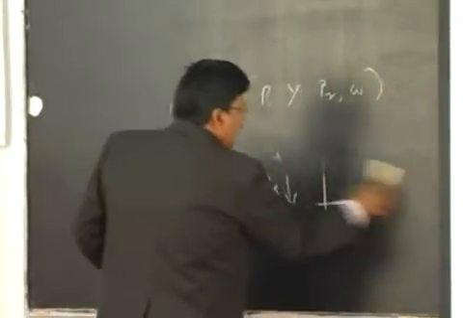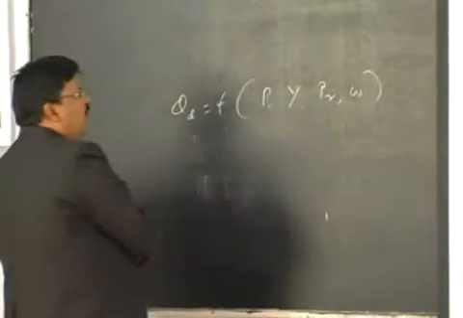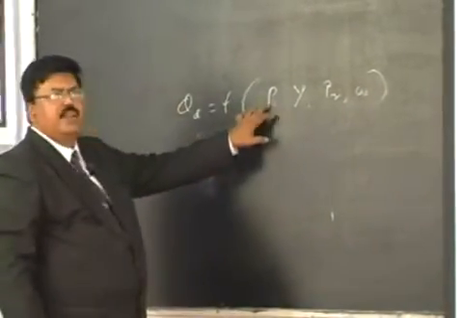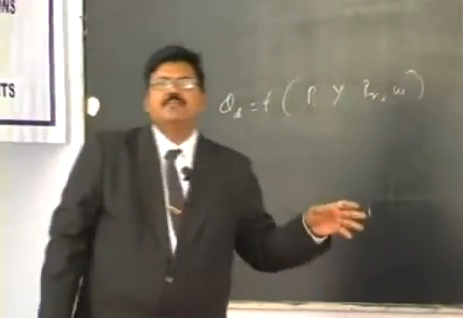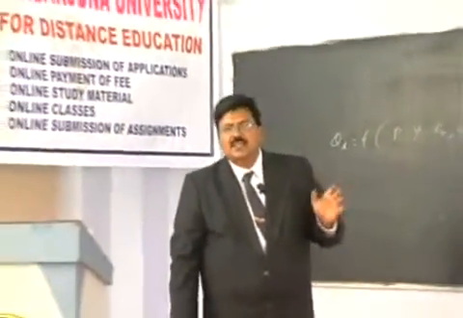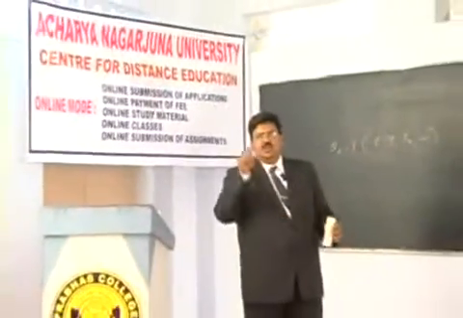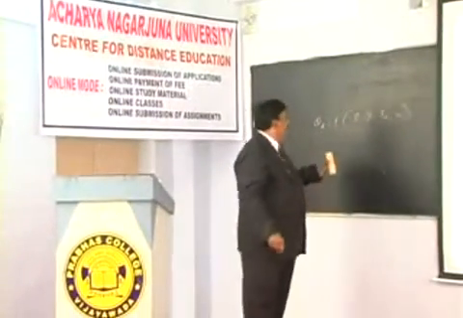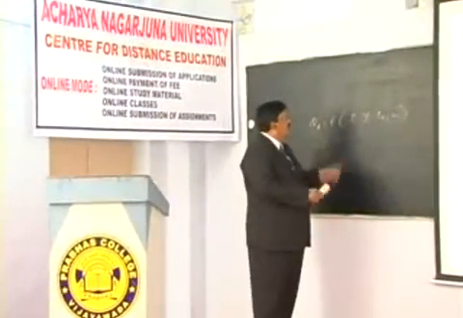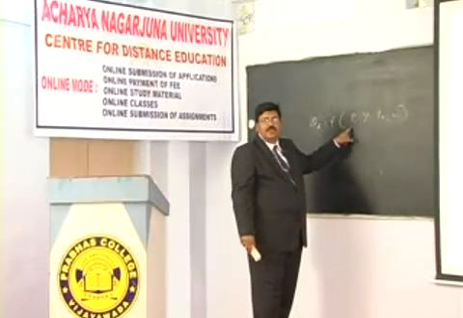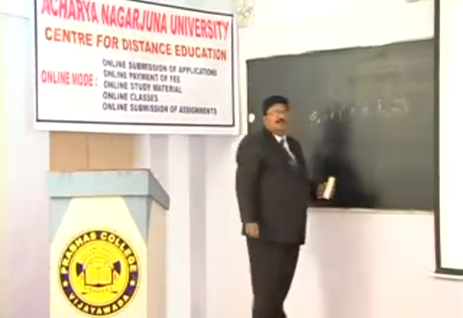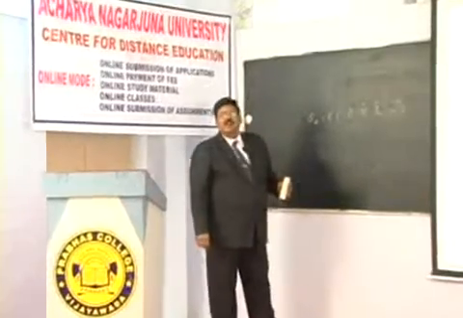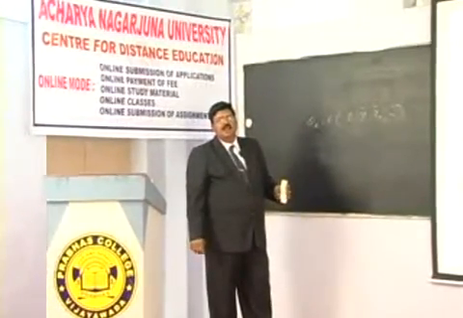Generally, in economics, if you want to study the specific relation between price and quantity, we make the assumption of ceteris paribus. That means other things remaining constant. To isolate the effect of change in quantity due to change in price alone, we assume other things remain constant. But in the real world, other things may not remain constant.